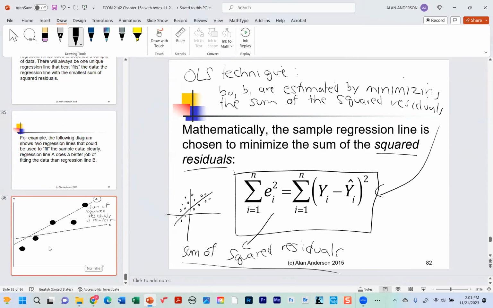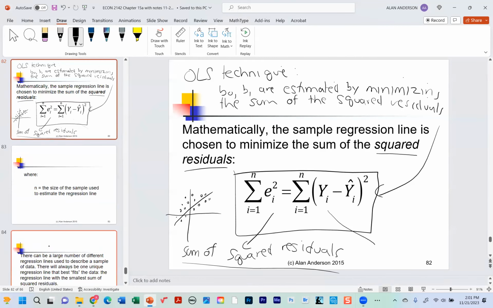By the way, don't forget these are the actual y's, and this is the estimated y, the one on the line. That's what we mean by residuals. So by squaring them and adding them up, that number needs to be as small as possible.